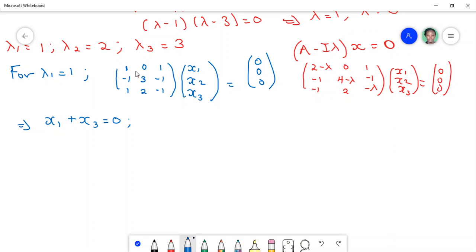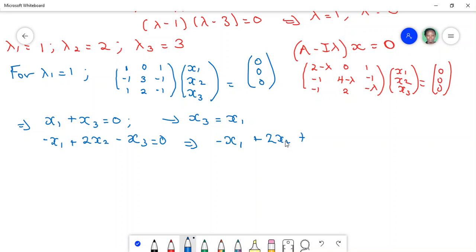Then for the next row, I have minus x1 plus 3x2 minus x3 to be equal to 0. So x3 is equal to minus x1.